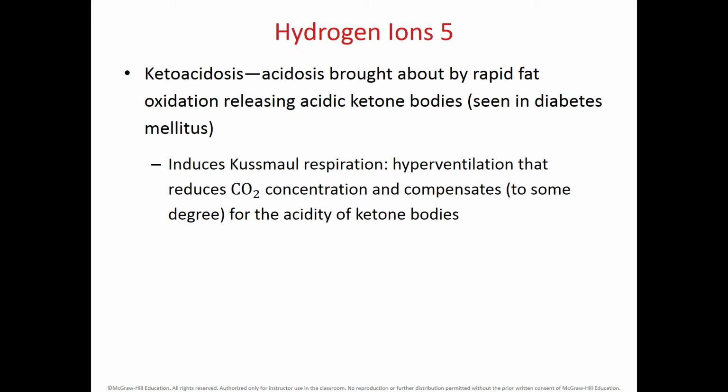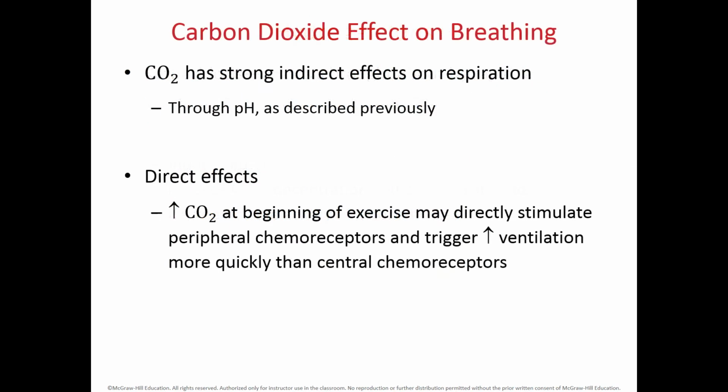And in this case, these ketone bodies, which are found in excess, will stimulate as well the respiratory centers, and then you will have something that is called Kussmaul's respiration, in which you have hyperventilation to get rid of excess CO2 and to compensate for the acidity of the ketone bodies.